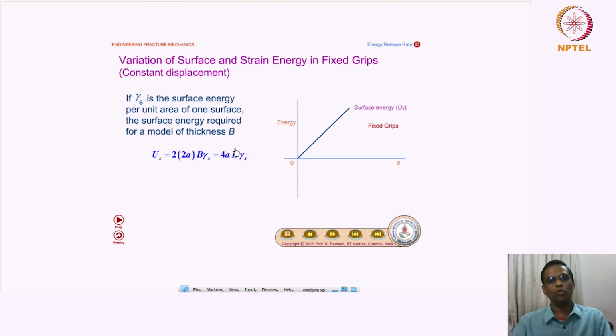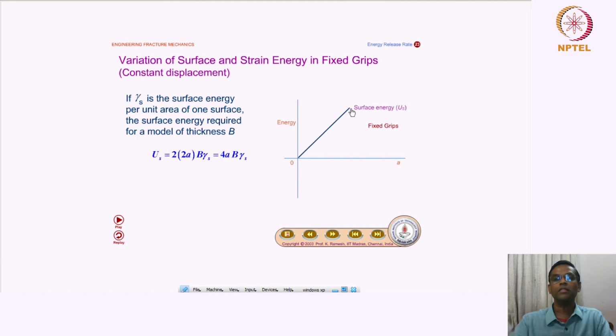So we are trying to do an energy balance, right? For that, what are we trying to do here? We are creating an energy versus crack length plot, and this equation is nothing but a straight line equation. So the energy increases with the crack length.